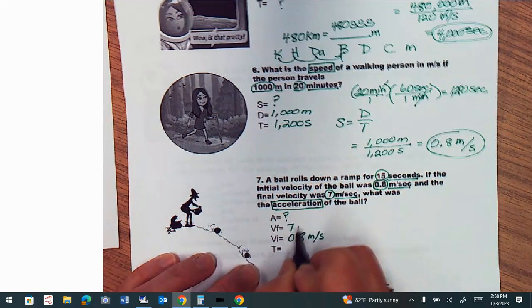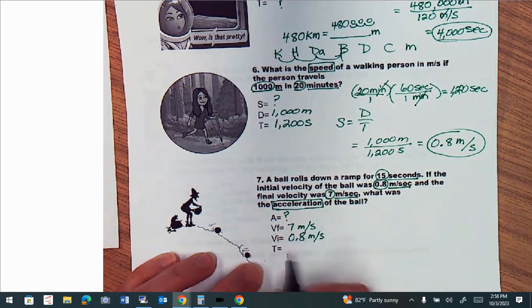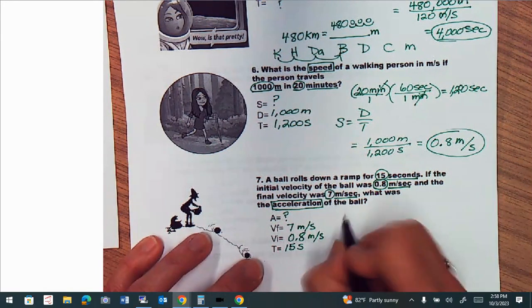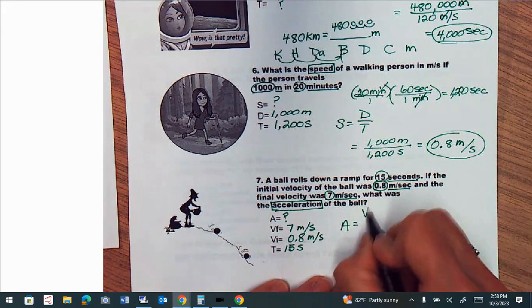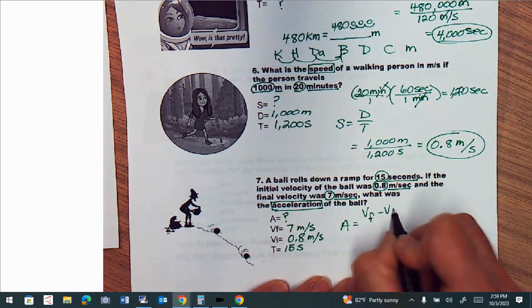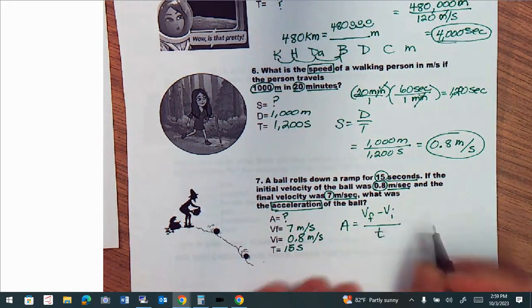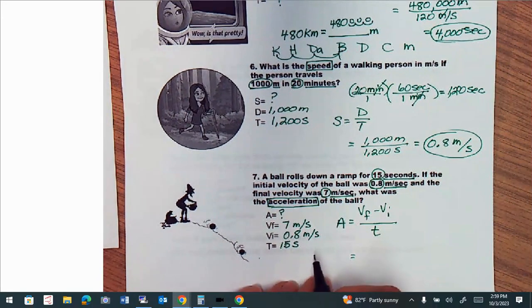Final velocity is 7 meters per second, and it takes 15 seconds for it to roll down the ramp. So we need to write our formula for acceleration, which is final velocity minus initial velocity over time. Now we substitute.